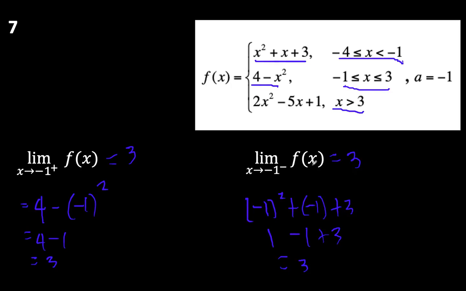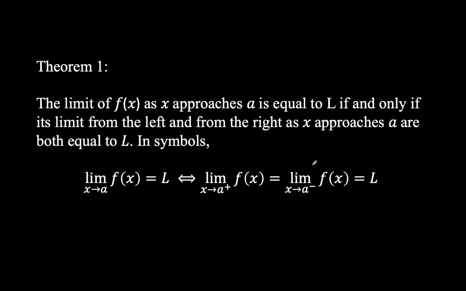All right? And I hope we got the same values in finding the one-sided limits of the given function. Let's move on to finding the limit of the given function. Before we go to problem solving, let's read the theorem first. It says here, the limit of f of x as x approaches a is equal to L if and only if.